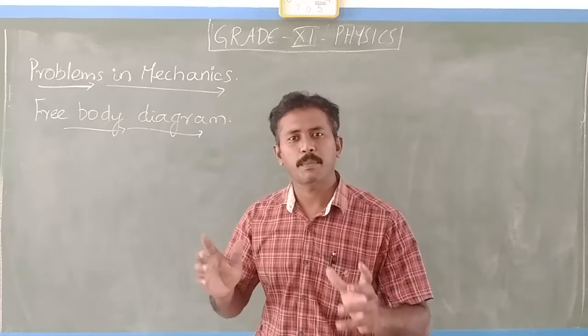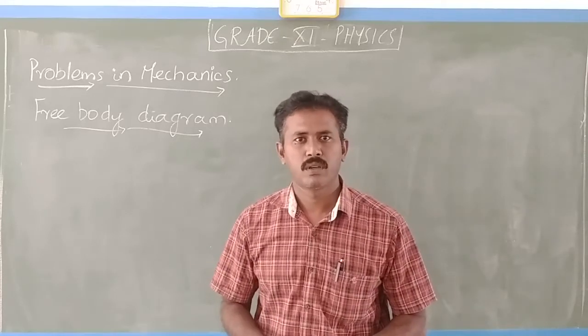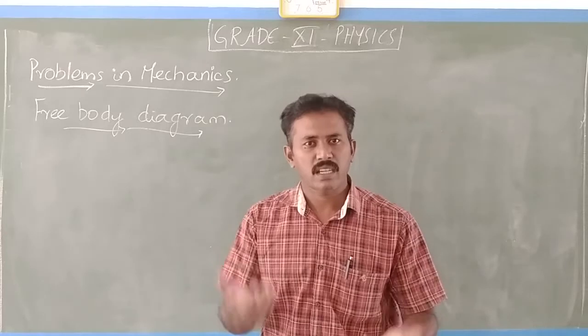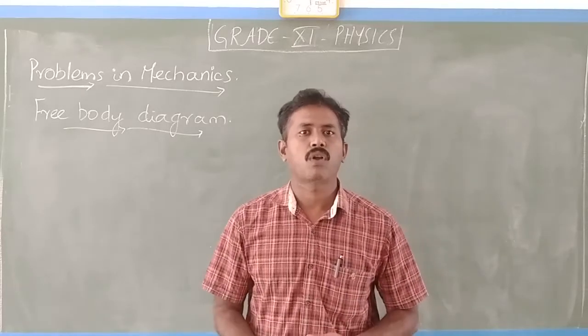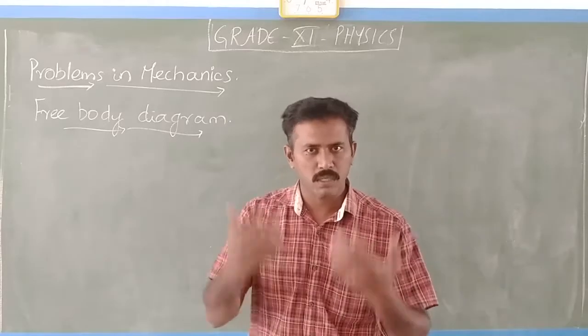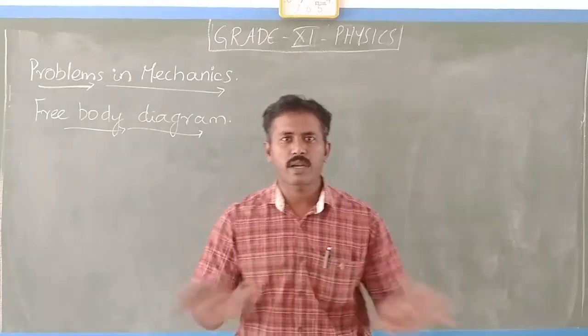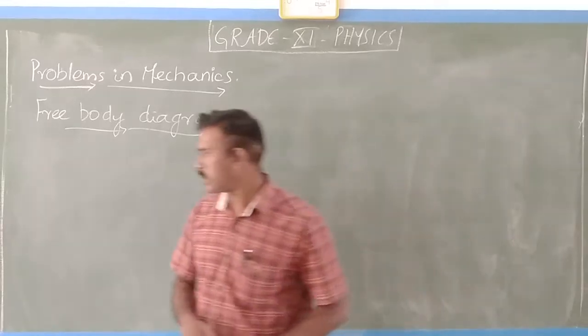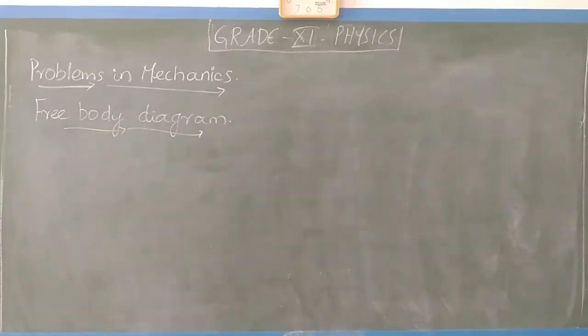So how do we represent a gravitational force? The direction of the gravitational force on all objects is towards the earth, towards the ground. Okay, so that is quite natural. For example, I will show you with a diagram.